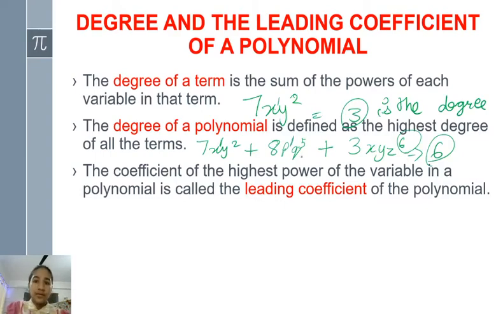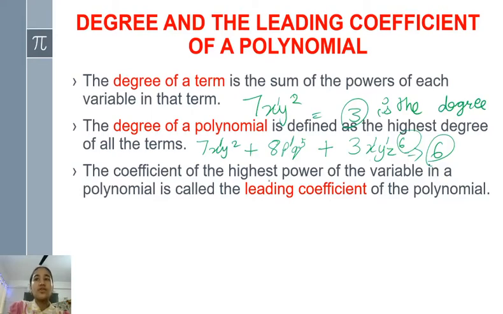So how can this be the highest degree? Because if you add over here also, 6 plus 1 is 7, 7 plus 1 is 8. So over here we'll see that this is the highest degree.